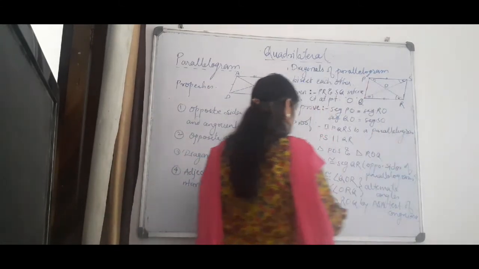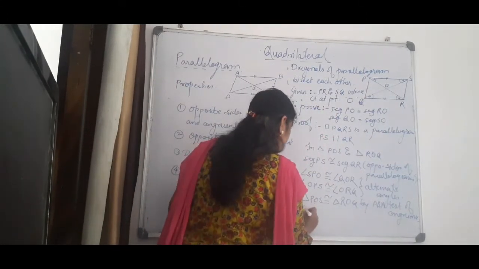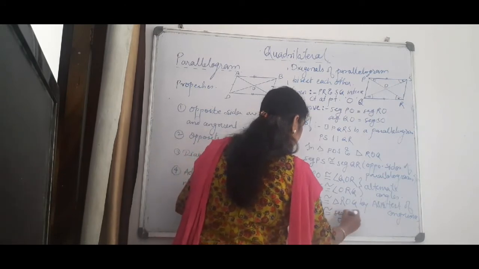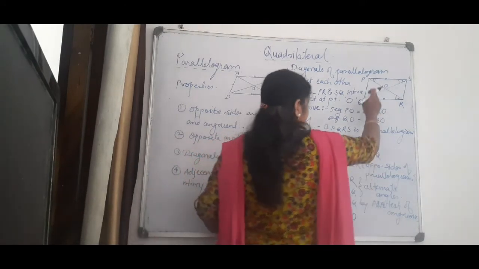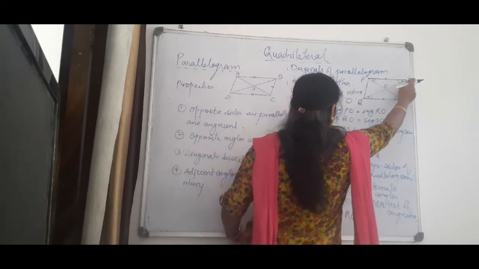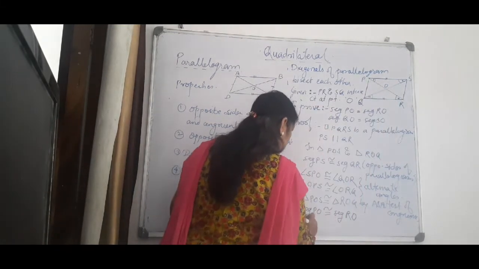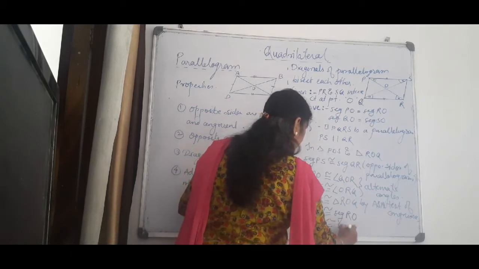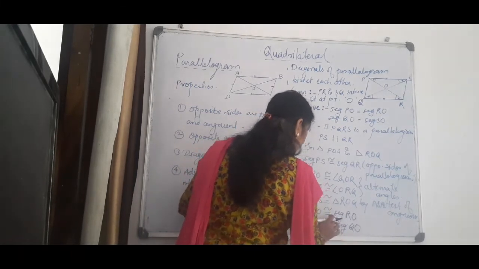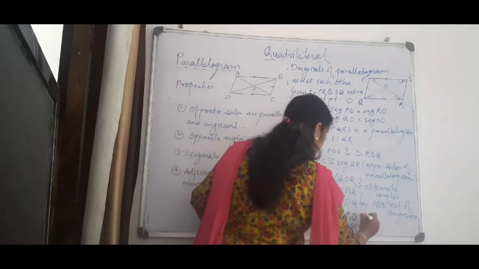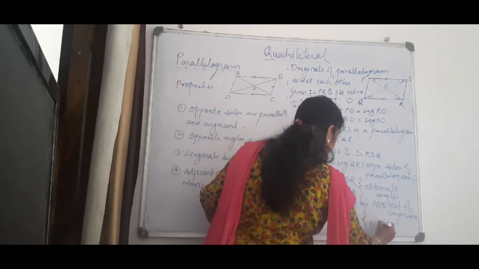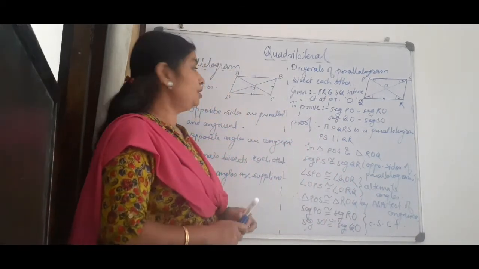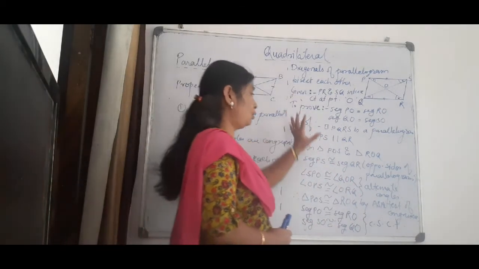Segment PO is congruent to segment RO and segment SO is congruent to segment QO. What is the reason? CSCT, corresponding sides of congruent triangles. In this way, you have to solve the theorem.